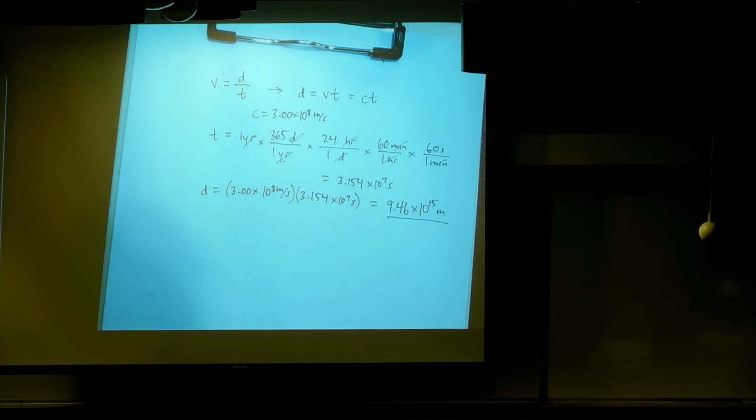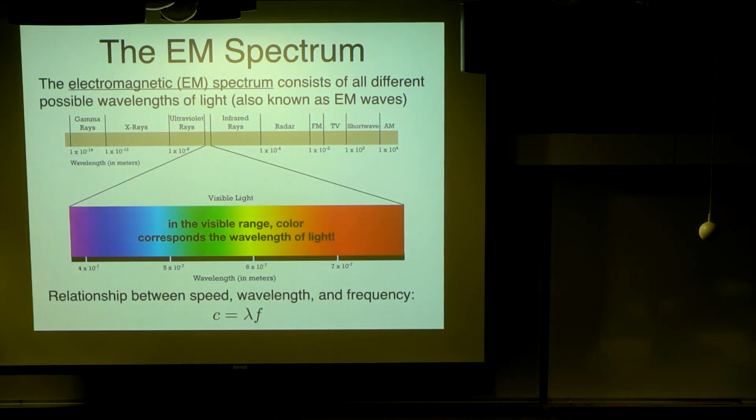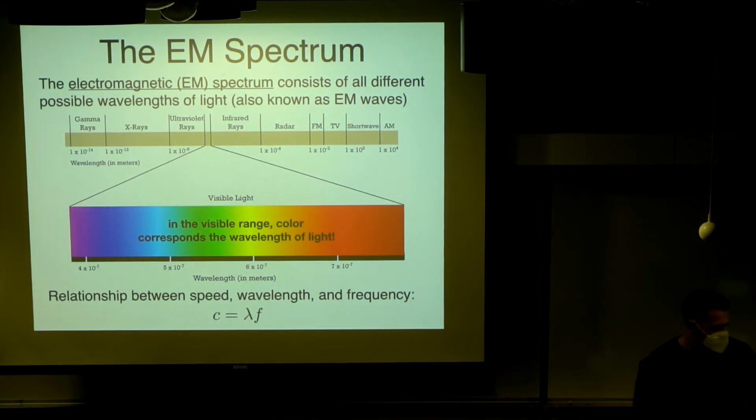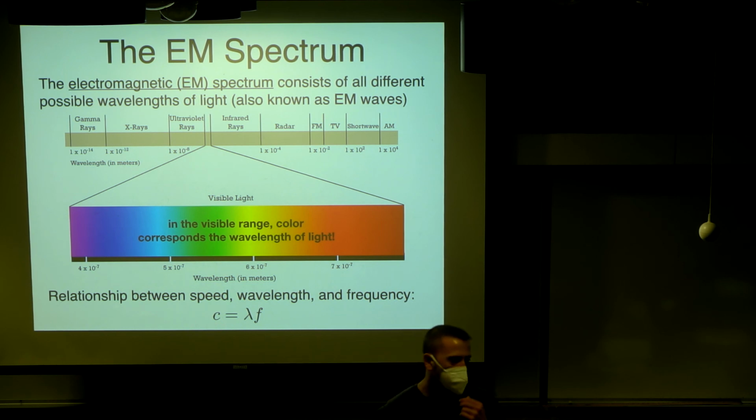All right, so let's now talk about the electromagnetic spectrum, okay? I want to take some ideas that I've been tossing out there and try to unify them a little bit, okay? So the electromagnetic spectrum, or EM spectrum, is just a way of classifying all the different types of electromagnetic waves that we can see if we just take a look at our universe, right?